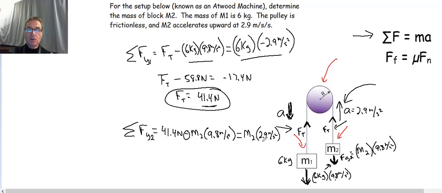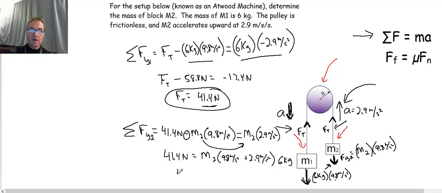Okay, so what I want to do now is collect all my M2 terms together. So I'm going to have 41.4 newtons equal to M2, and when I bring this over to this side, it becomes positive, times 9.8 meters per second squared plus 2.9 meters per second squared.